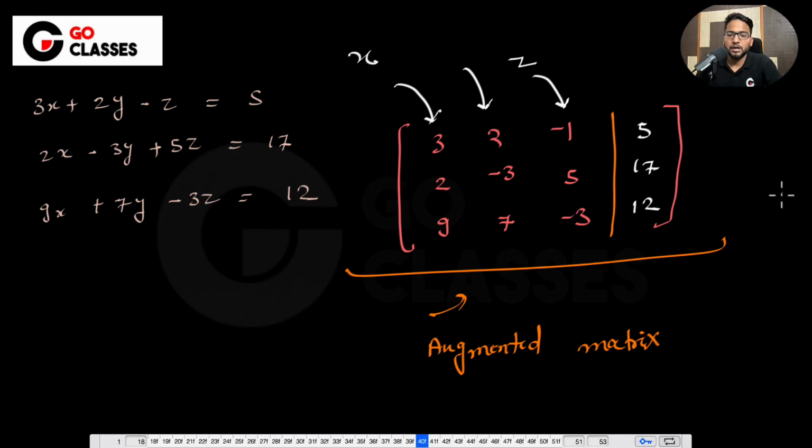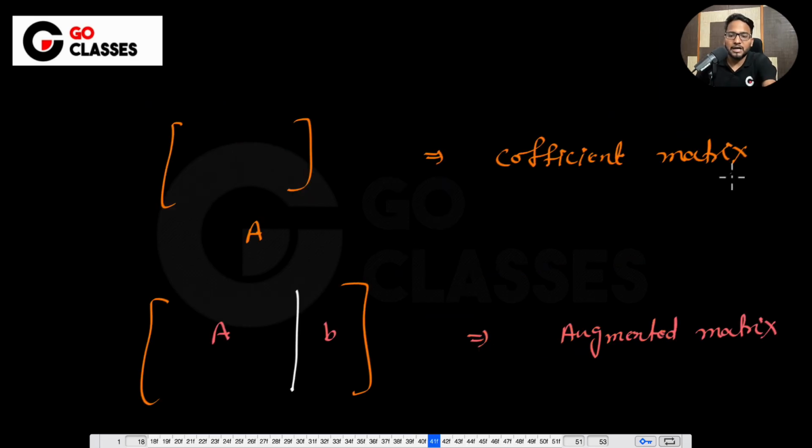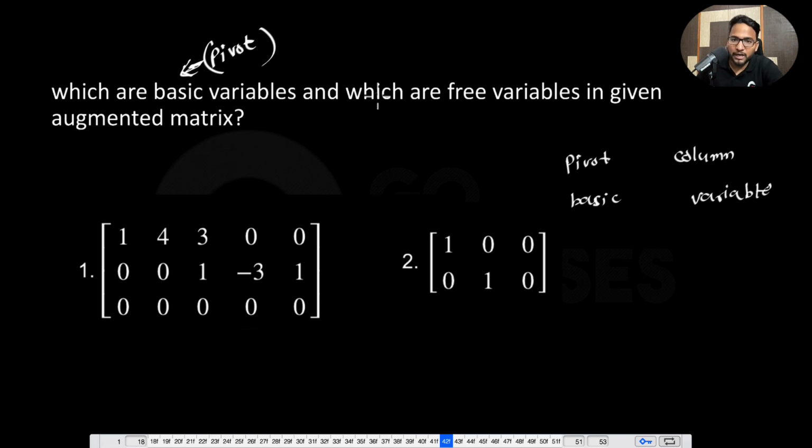So if they're asking you about the free variable or the basic variable in the matrix, and this is an augmented matrix, then you do not label the last column. Don't label the last column, because this is the augmented matrix, and you do not need to worry about this.